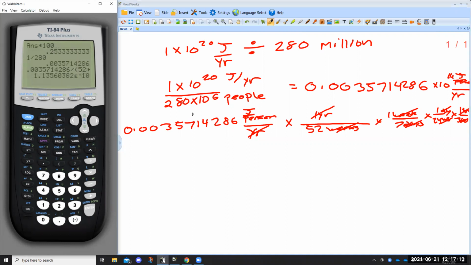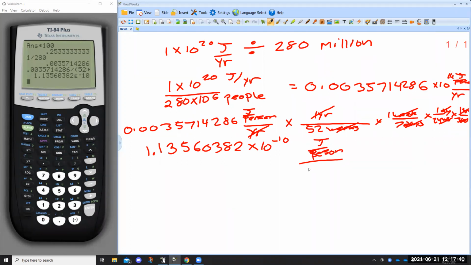And this should be 1.13560382 times 10 to the negative 10th joules per person per second, and this was times 10 to the 14th, sitting there.